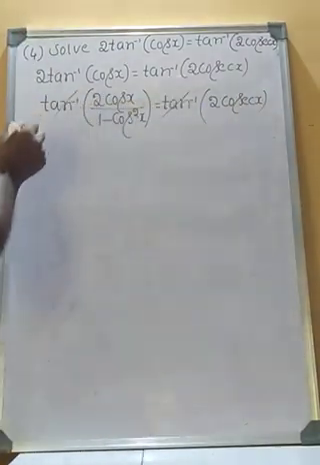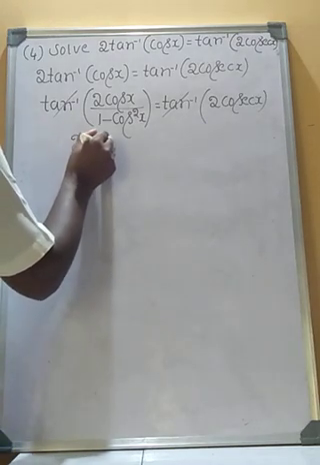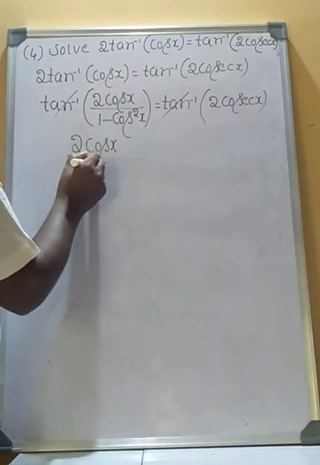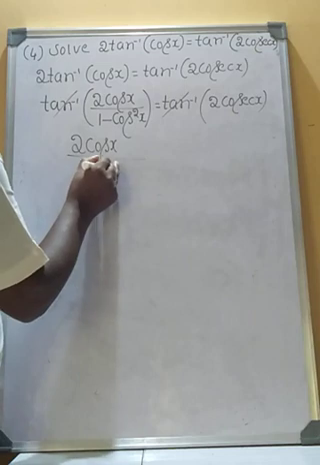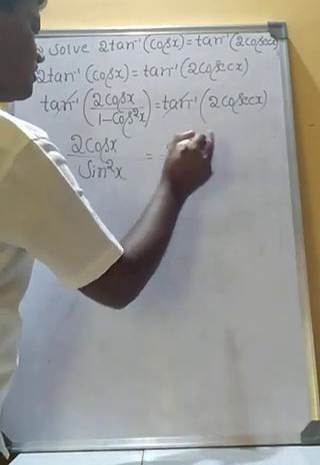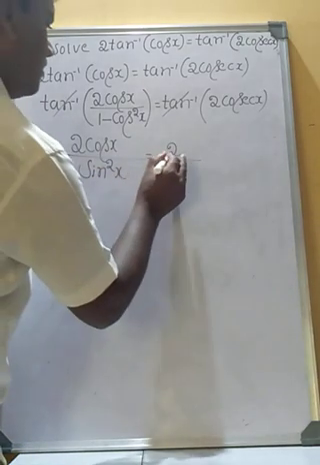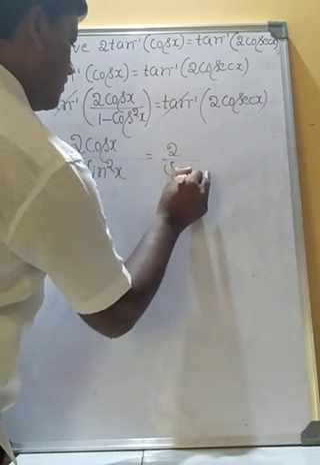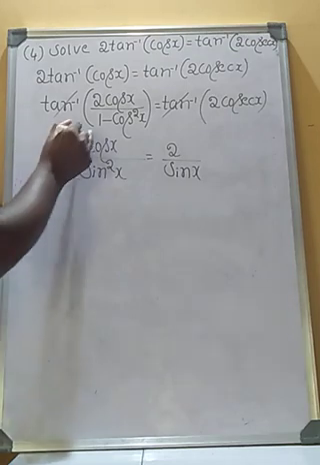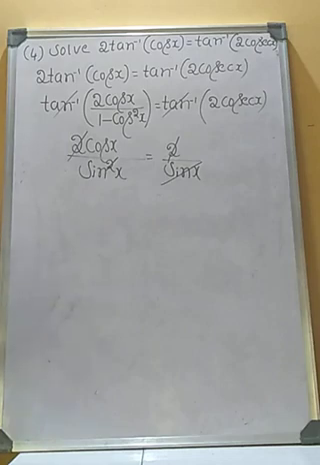Tan inverse on both sides cancels. 2 cos x over 1 minus cos square x, which is sin square x, is equal to 2 cosecant x. Cosecant x is the reciprocal, 2 divided by 1, 2 by sin x.